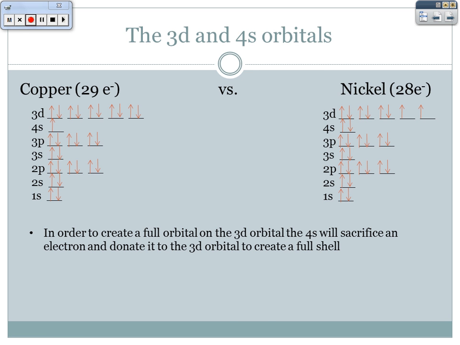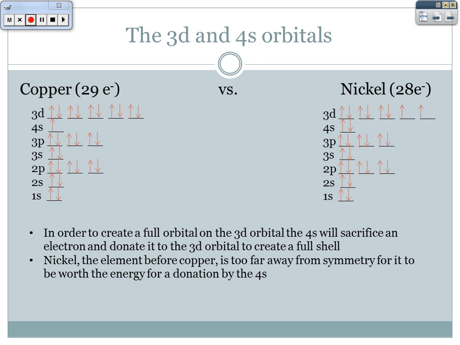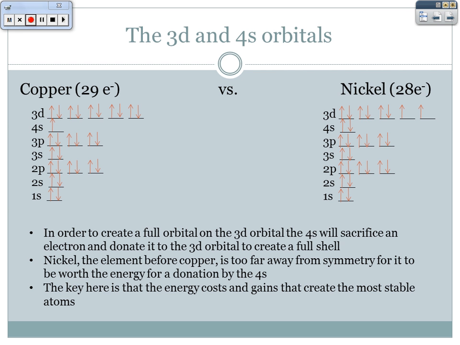And so it is, in fact, too far away from symmetry for it to be worth the energy to donate that 4s. So the key here is the energy costs and the gains that are created from the most stable atoms. So it costs energy to bump this electron up here, but the energy gain from the stability of this full 3d orbital is worth it.